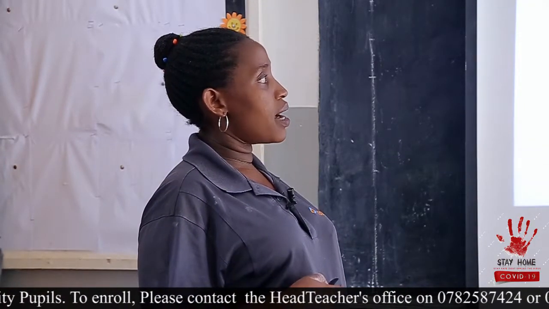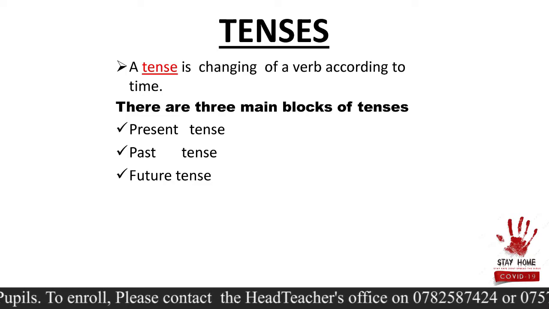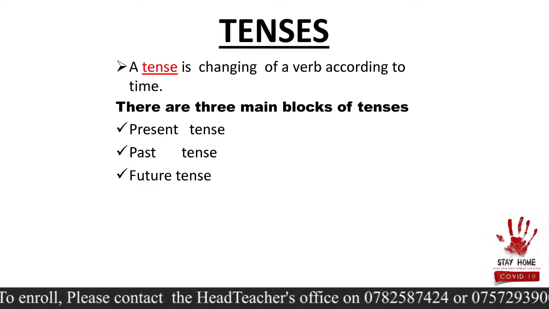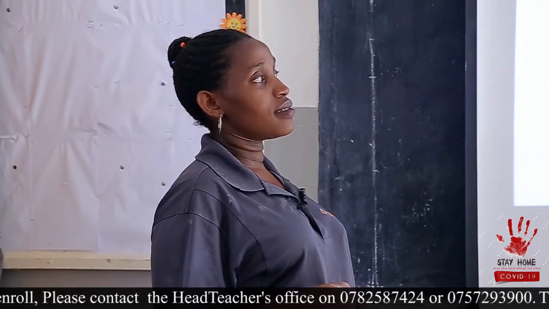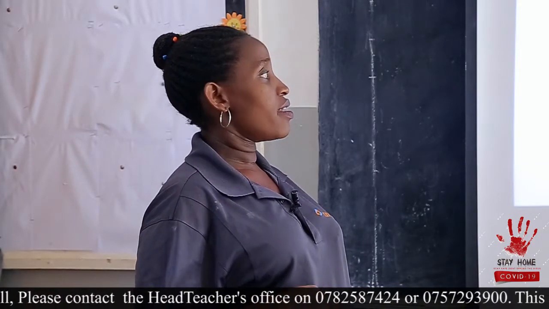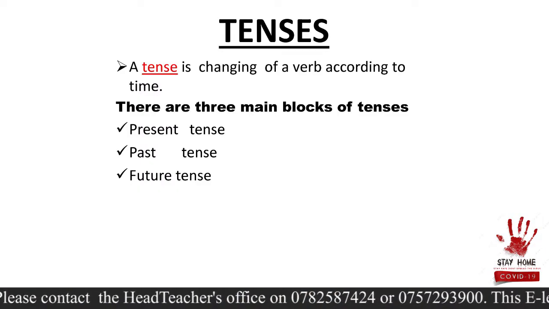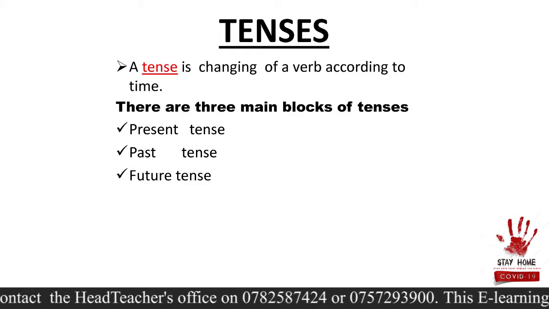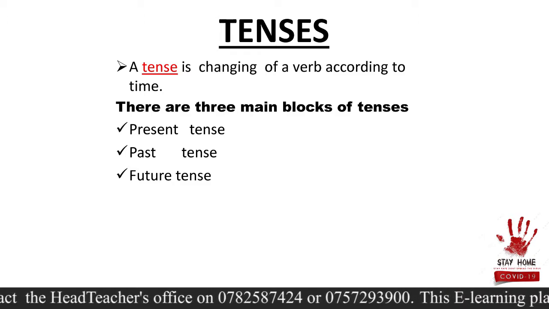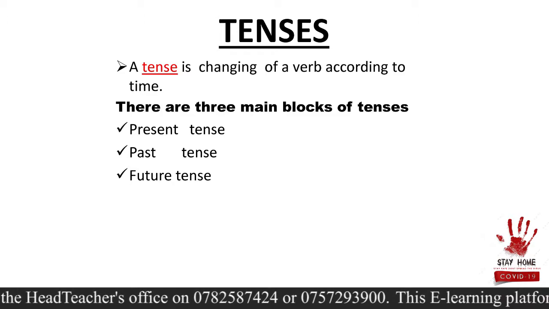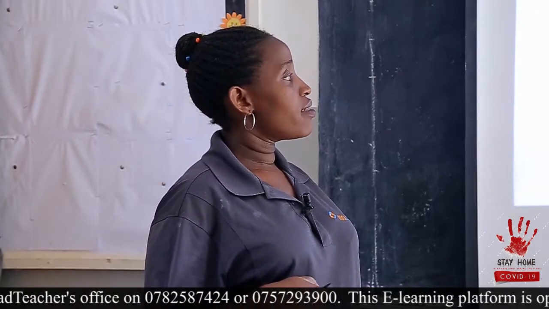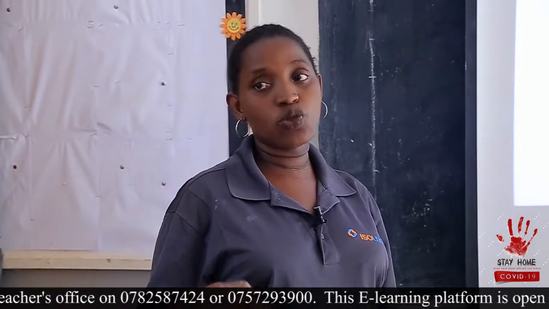Then we have the past tense, and in P2, P1, your teacher said this one is the yesterday tense. And then we have the future tense. In P2, P1, your teachers must have said this one is the tomorrow tense. So present tense is every day, past tense is yesterday, then future tense is tomorrow.